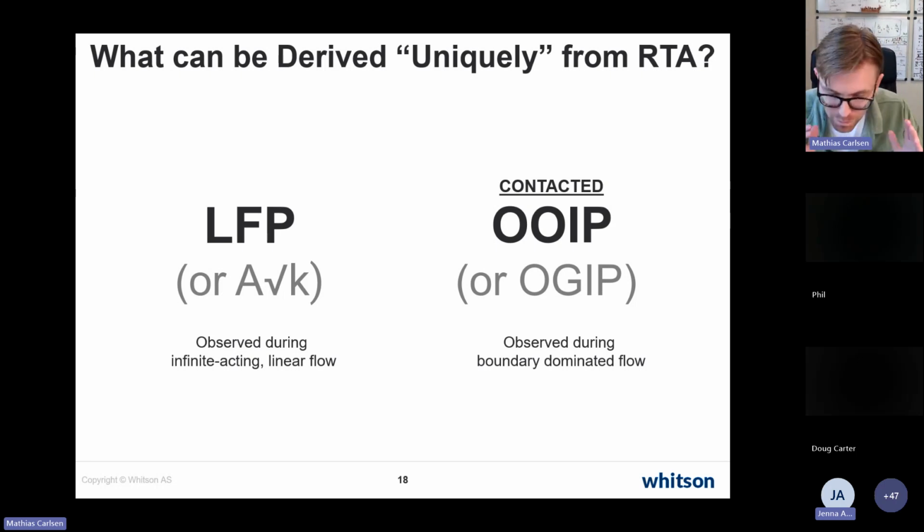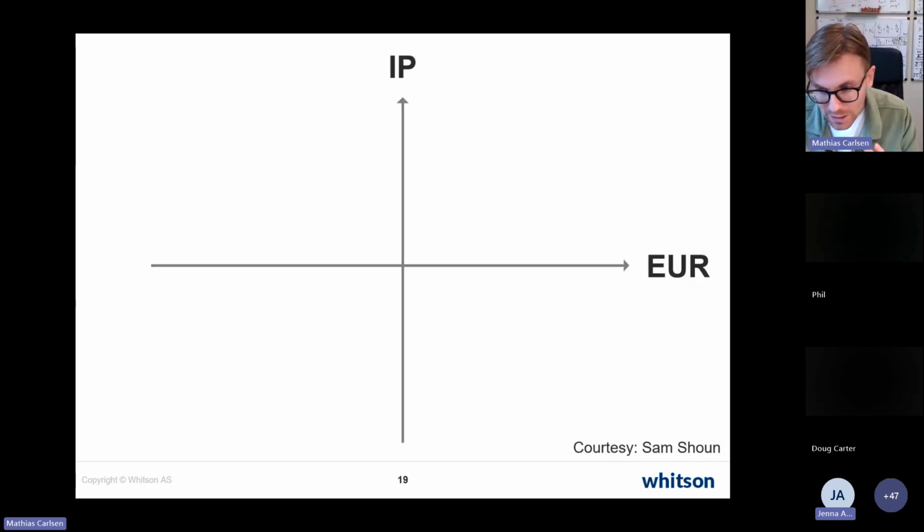So if you want to explain to management, for instance, or someone without an engineering background, why do we need to do RTA on our wells? A very powerful slide, I think it's this slide right here, that was presented by a friend of mine, Sam, when he was at Callan, I think.